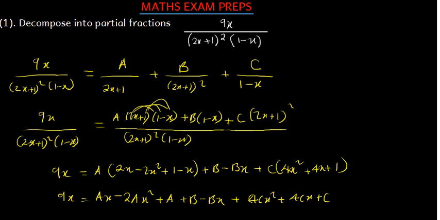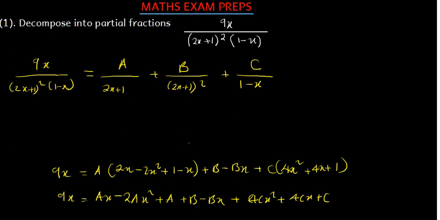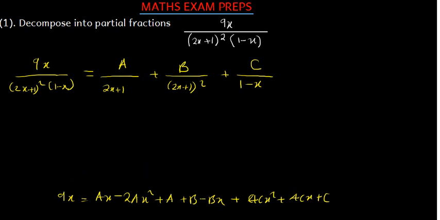Alright, we can proceed putting like terms together. So 9x is equal to, those with x squared: we've got 4C and negative 2A, and I'll put x squared outside.